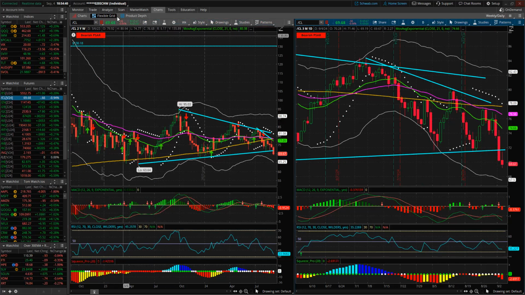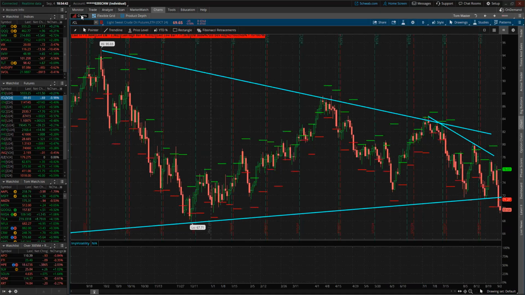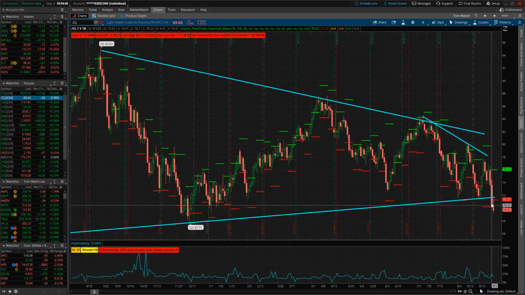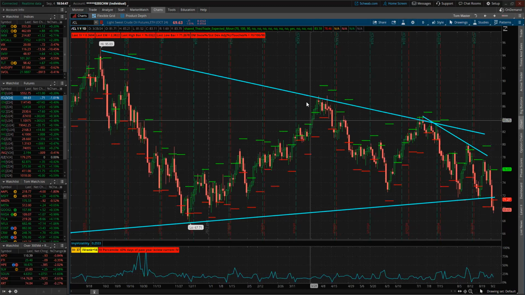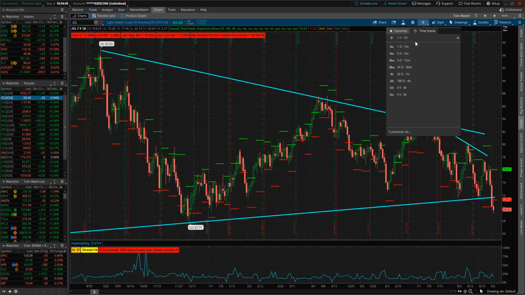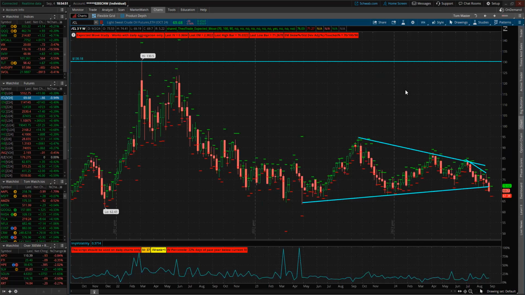If you look a little longer term on oil, let's get a weekly. If you look at oil back here, you've got some support levels, and then a ton of support down here around 67.